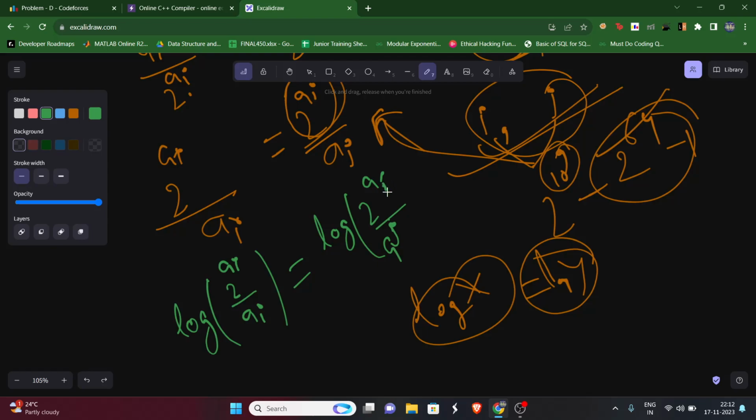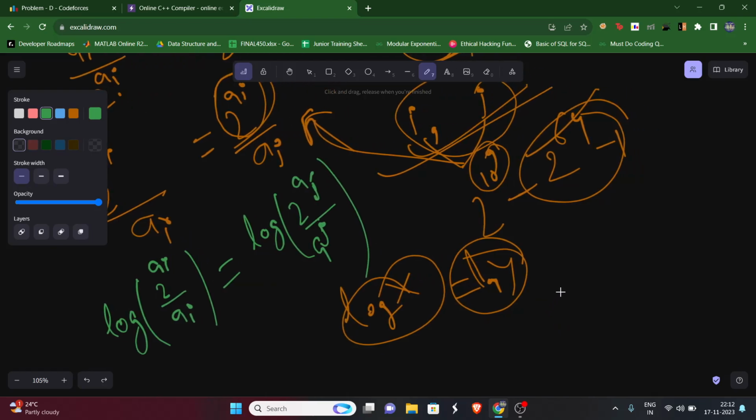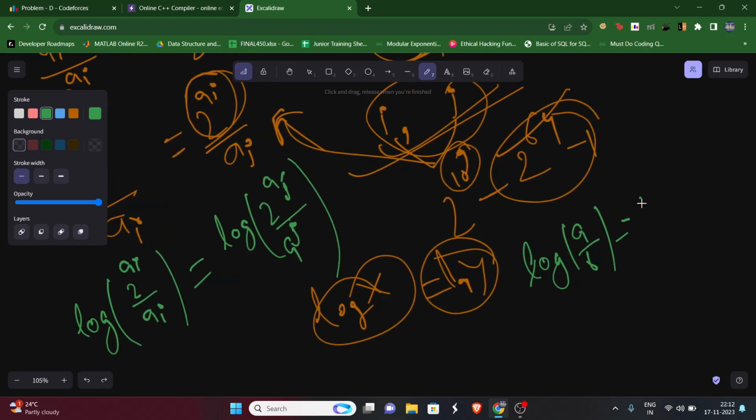There is a simple logarithmic property you might have read in your 11th, 12th, or basic classes, that log of a by b can be written as log of a minus log of b.